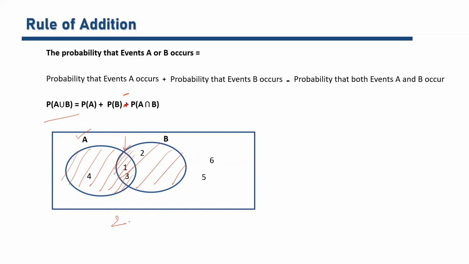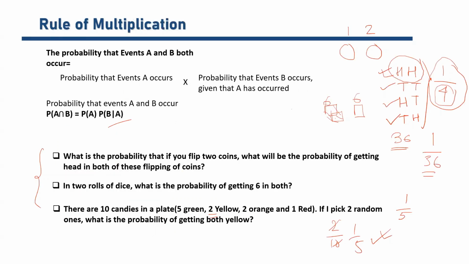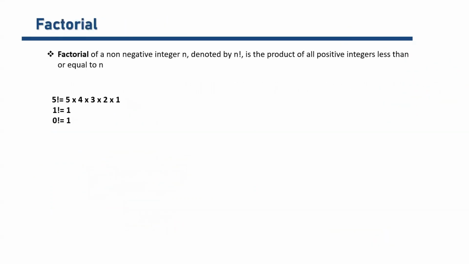So that's why I'm deducting P(A intersection B) once. Okay, so this is the rule of addition. Don't need to mug this up. We will go through them again in some of the examples. Just wanted to show you that there is a rule of multiplication and rule of addition.